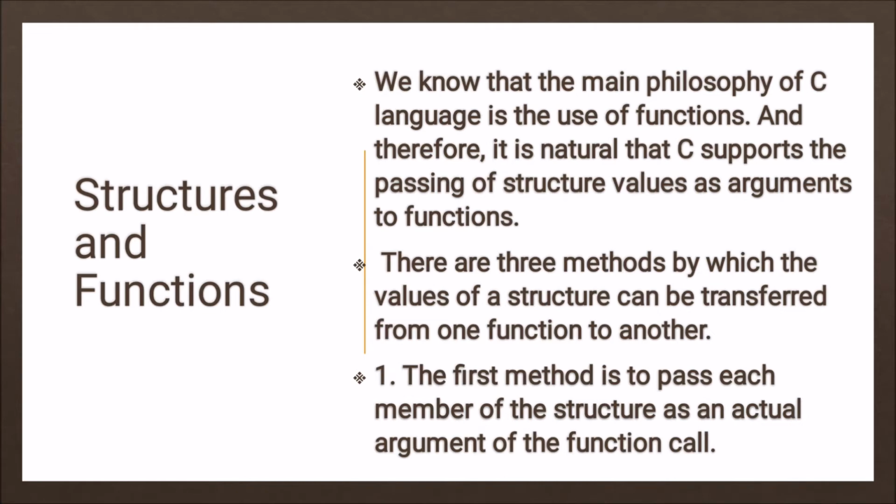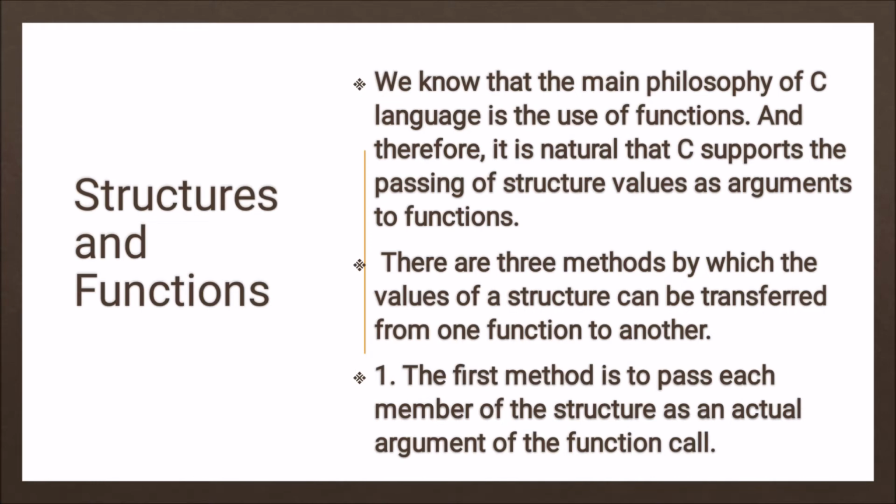It is obvious that C supports passing of structure value as argument to function, because C is basically a combination of various functions. So let us discuss it one by one.